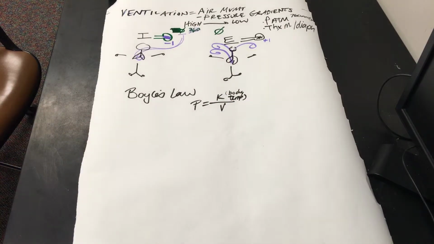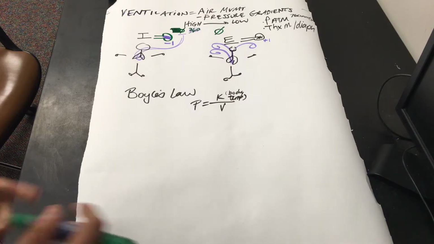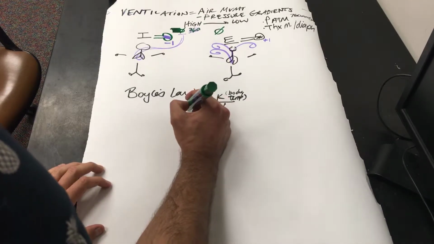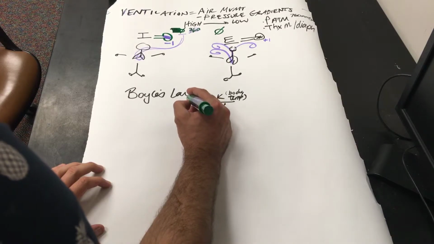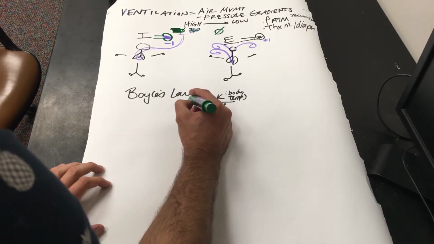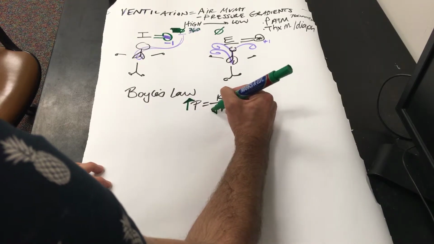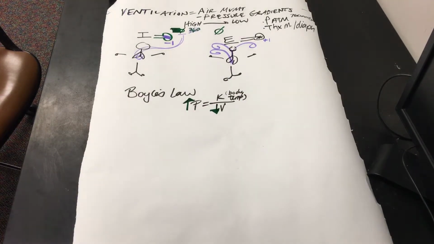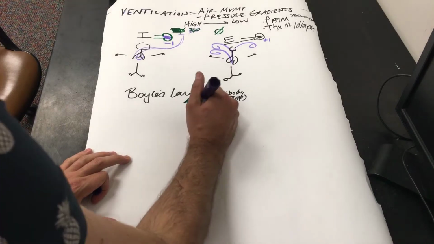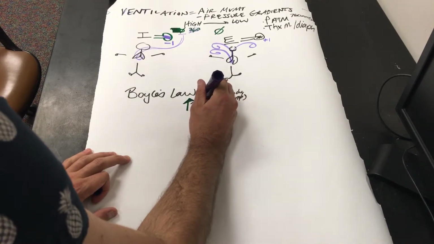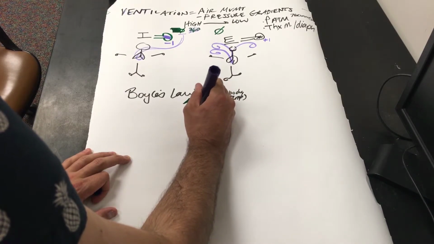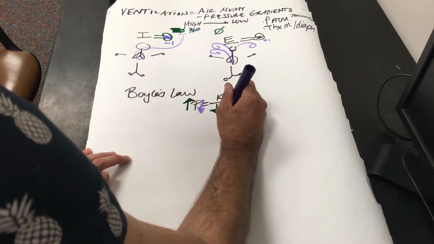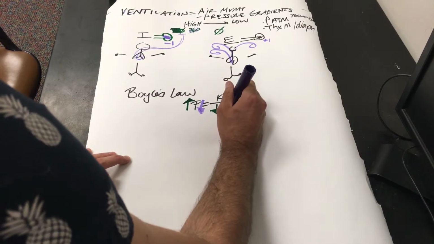And this means that if inside a container, as pressure goes up, volume moves in the opposite direction and goes down. And if the pressure inside a container goes down, then the volume goes up.